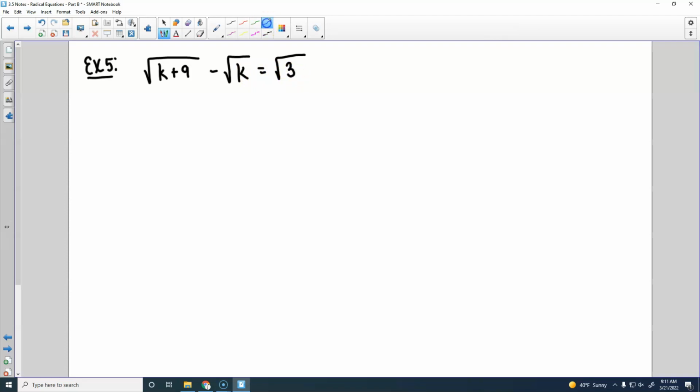So I would suggest on this one moving that square root of k over here to the other side. So that gets our 2 most simple elements on the same side, which I think makes it a little bit easier to multiply together.